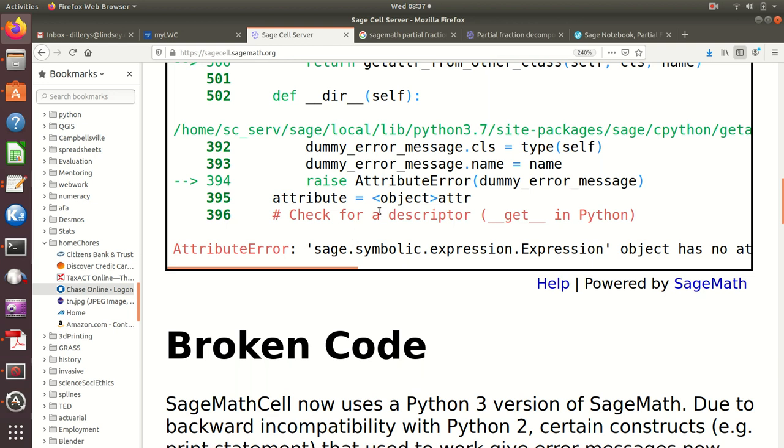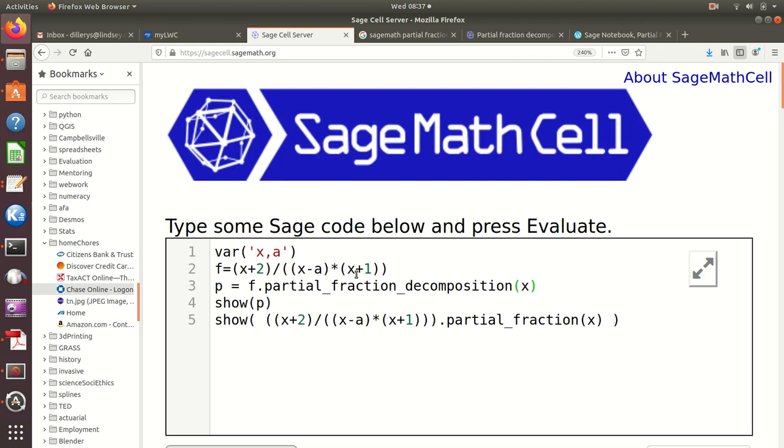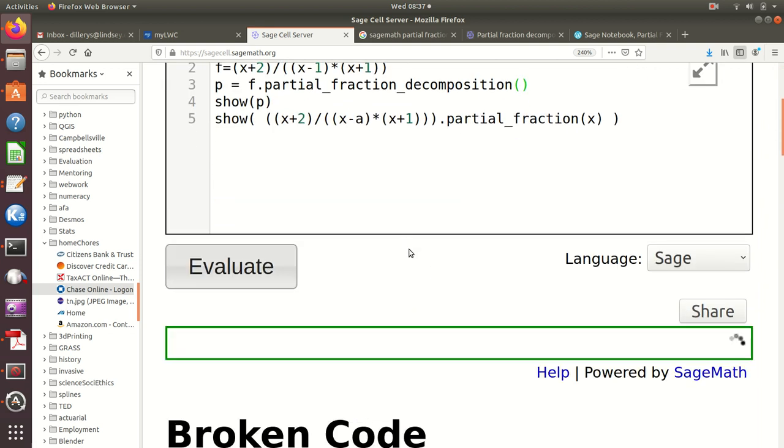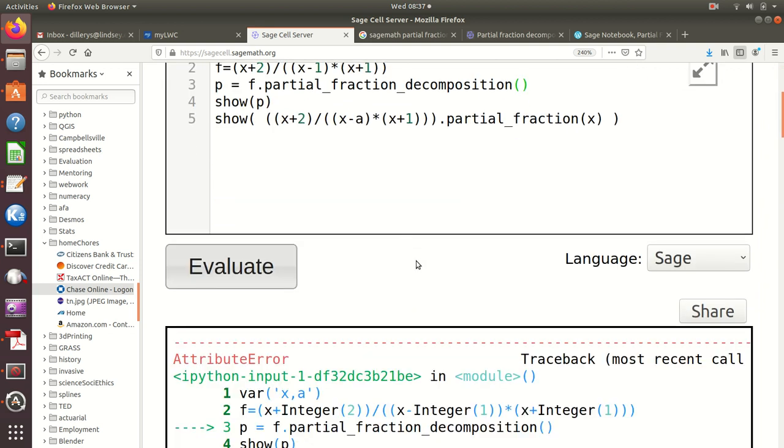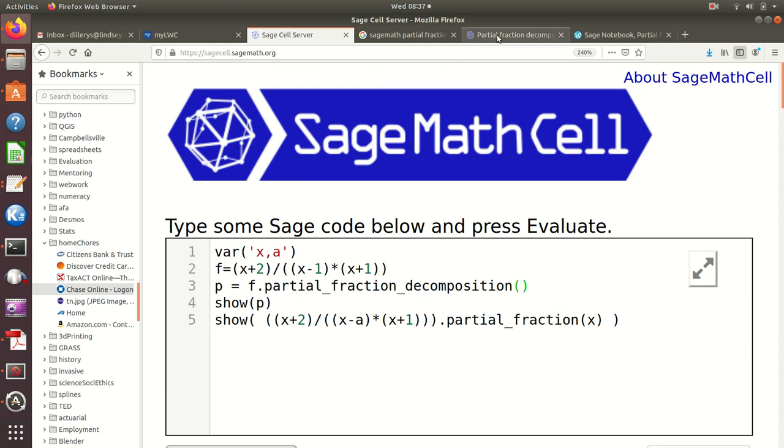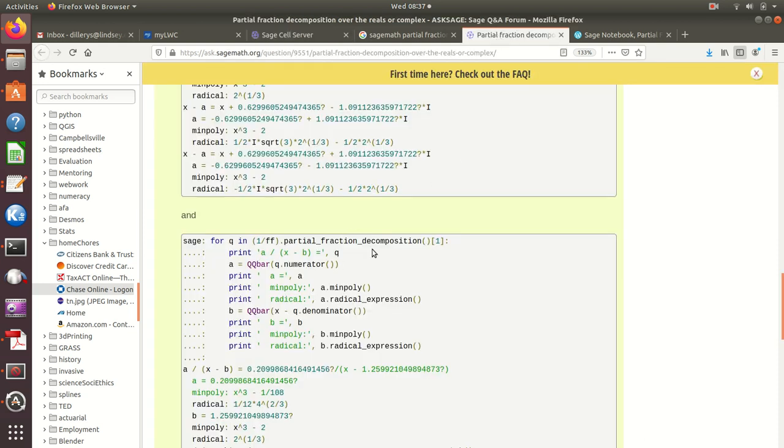So again, we'll try an experiment very quickly. We'll just put a 1 in there, and we'll take out that x, and we'll see, does that do any better? No. Okay, so I'm not sure what this partial fraction decomposition is. I would have to look that up more.